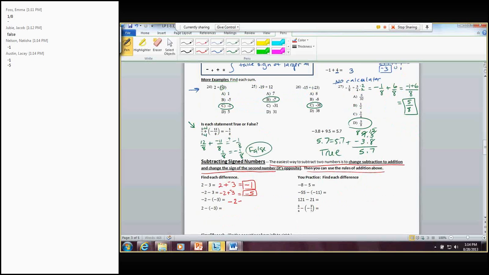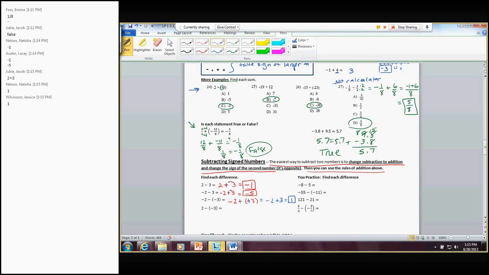Negative 2 minus a negative 3. So if we change subtraction to addition, we have to change the sign of the second number. And I'm just going to do that here so you guys can see what I did up here. So what's negative 2 plus 3? 1. Good. So just be careful. Sometimes when you make all those little tick marks, they do get a little confusing, so you might have to rewrite it.